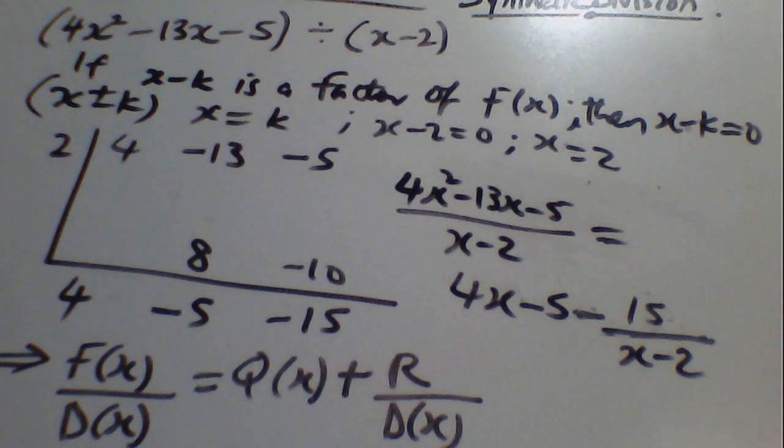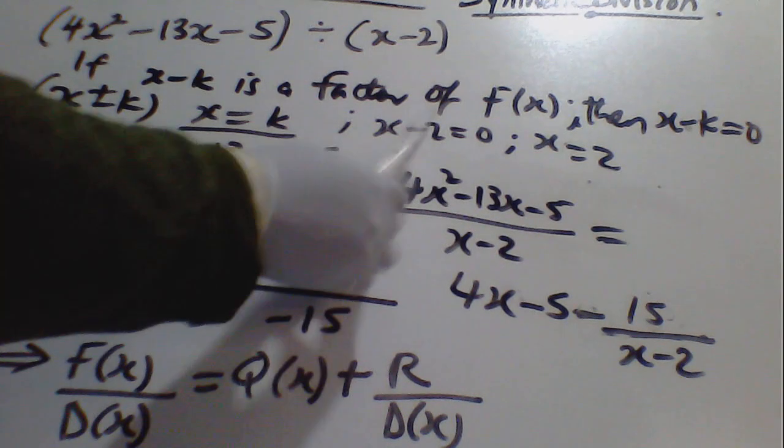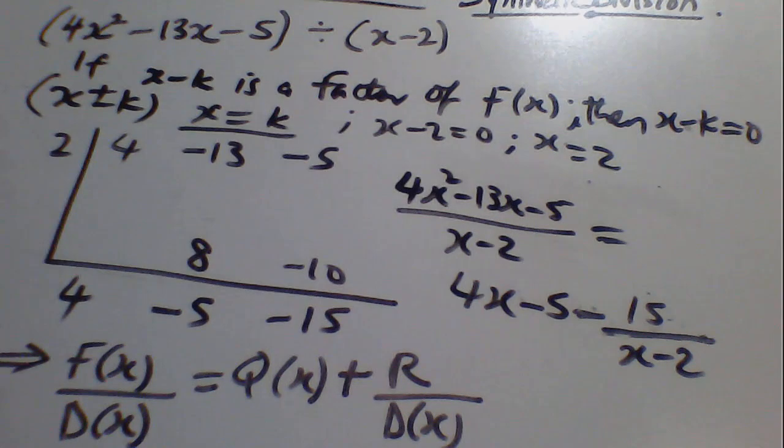So that when k goes to the other side of the equation, we have x equal to k. That is how we get the divisor. So in this case, this is the k value, and then you apply the synthetic method. So let us look at another example for clarification, so that you'll be able to do it when you see any.